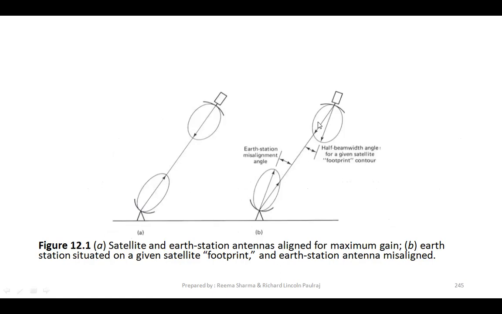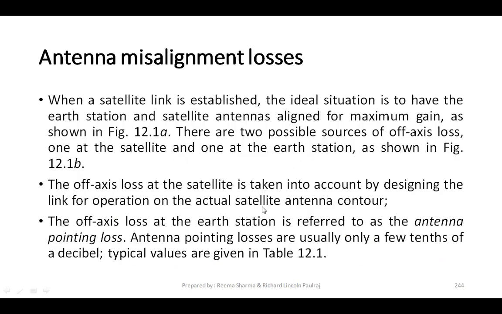In the second case, there is a slight deviation, because of which a few signals get scattered and lost. In A, the satellite and earth station antennas are aligned for maximum gain. In B, it is the situation on the given satellite footprint with an earth station antenna which is misaligned, so the beams being transmitted are not on the same path.